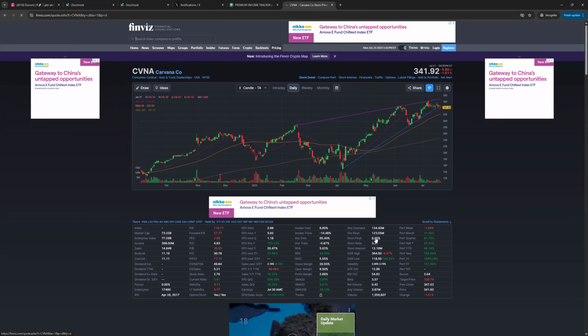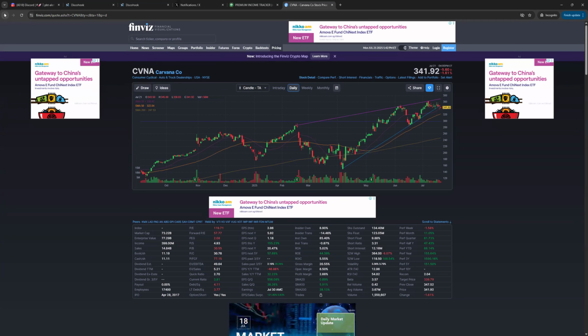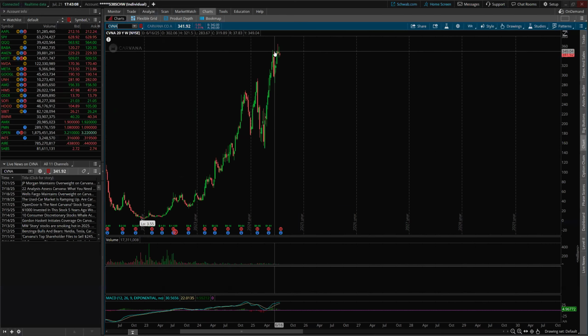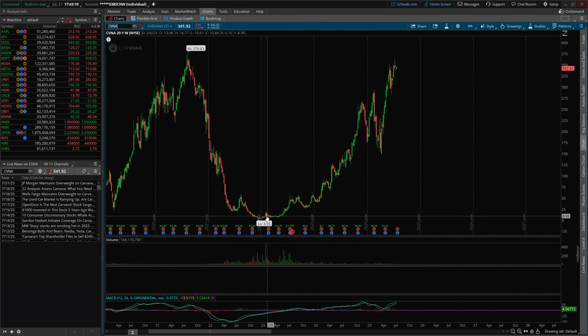People were saying this is going to be Carvana, but you also have to understand that Carvana didn't go from $3 to $300 in one day. It took them from the start of 2023 to the middle of 2025, that's 2 years plus. Do you think it's sustainable for a price to go from $3 to $300 in 2 days? It's not going to happen.